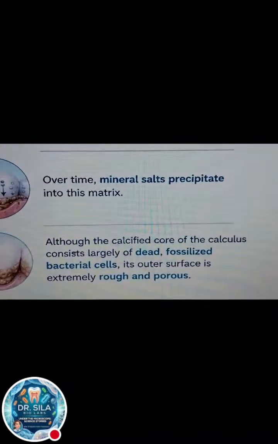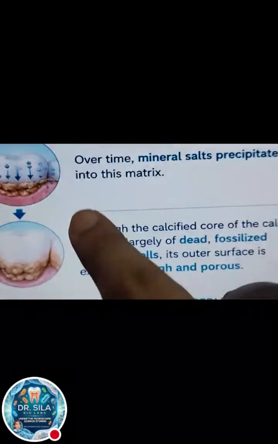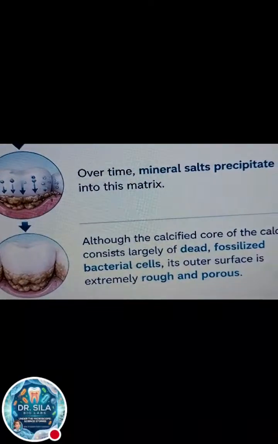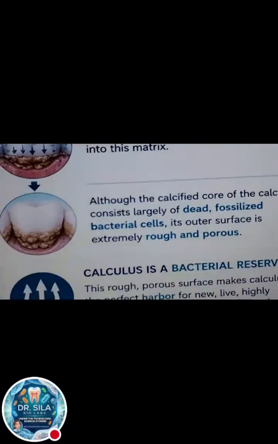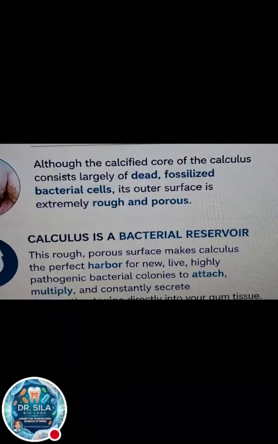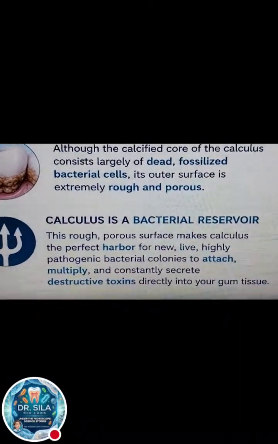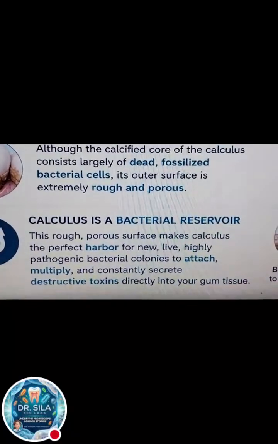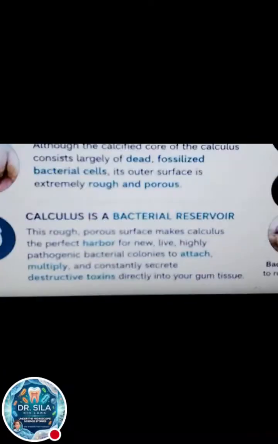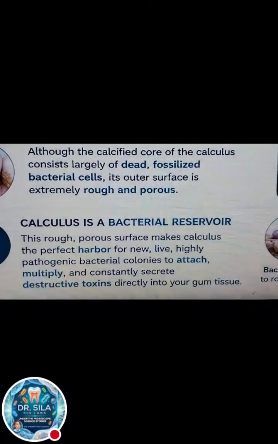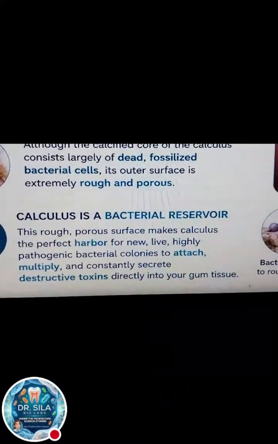Although the calcified core of the calculus consists largely of fossilized bacterial cells, its outer surface is extremely rough and porous. Calculus is a bacterial reservoir. This rough, porous surface makes calculus the perfect harbor for highly pathogenic colonies to attach, multiply, and constantly secrete destructive toxins directly into the gum tissues.